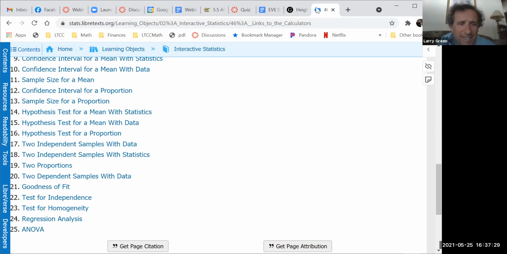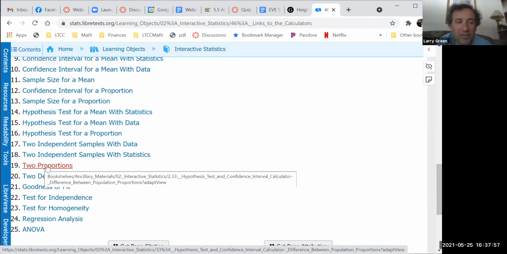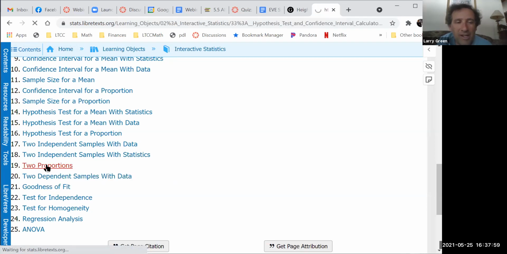Not quite 18. Good try. Hint, it's one of the simplest ones there is in terms of reading it. Yeah, 19. 19 is the one for proportions. We have two proportions. There's a P1 and a P2.